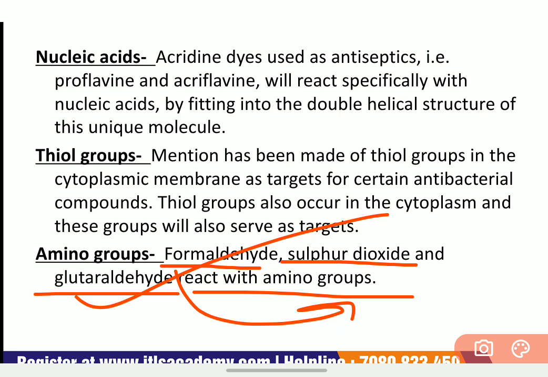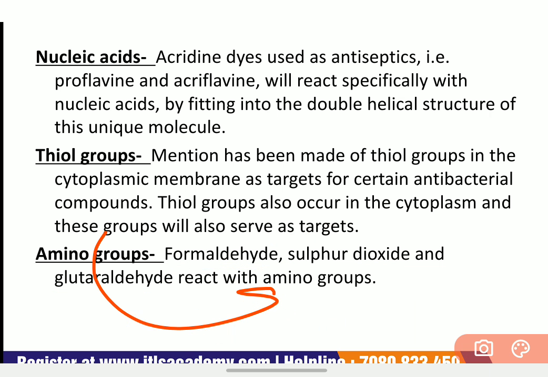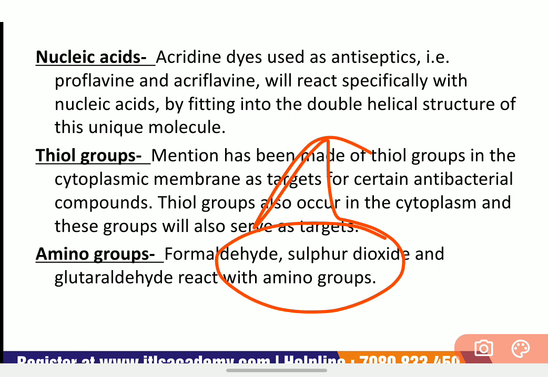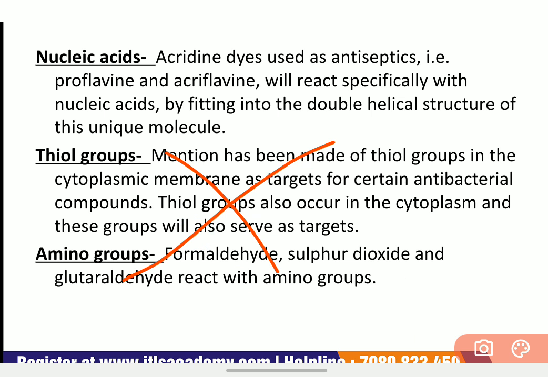Chlorinated thiazolones, as well as acting on thiol group, can react with amino groups, and if these are working in the functioning of the cell, then there will be no proper functioning.